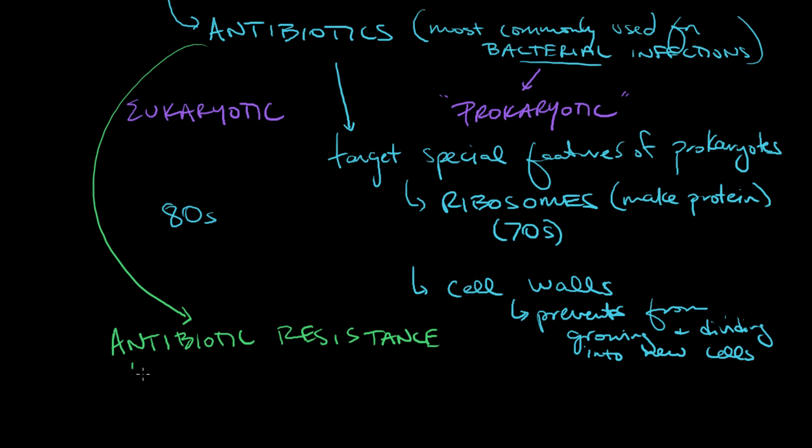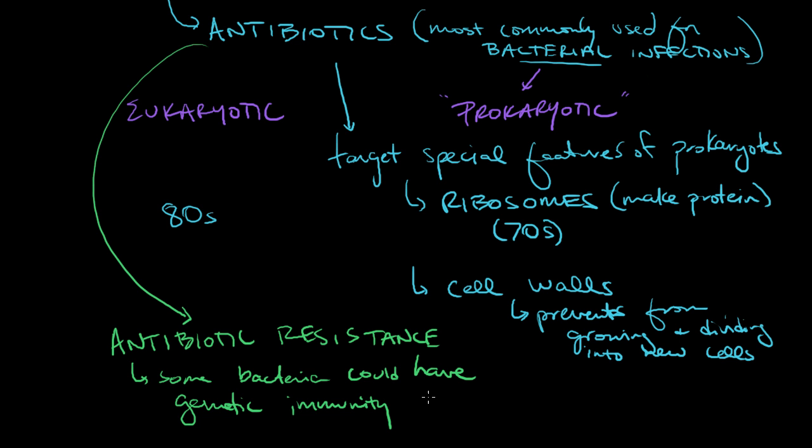So some bacteria that are targeted could have some genetic immunity. They're not being targeted by this chemical, and it's genetic, so it's in their DNA, so they survive and pass down the genes, so the new population is immune. And that's not a good scenario.